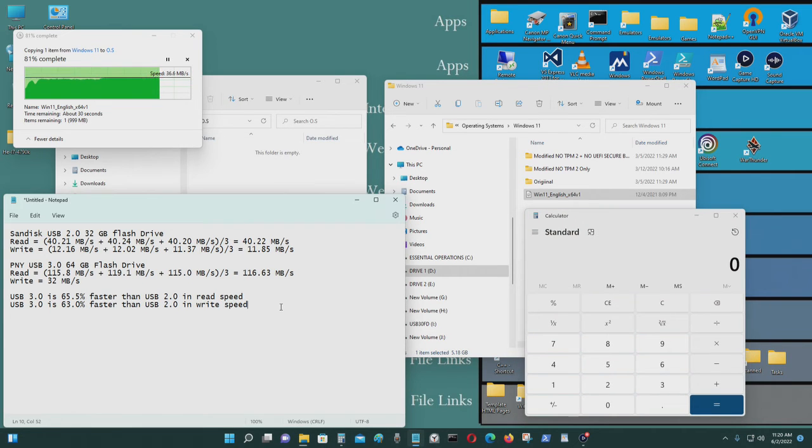What's the theoretical value of USB 2.0? It's 480 megabits per second. USB 3.0 max.